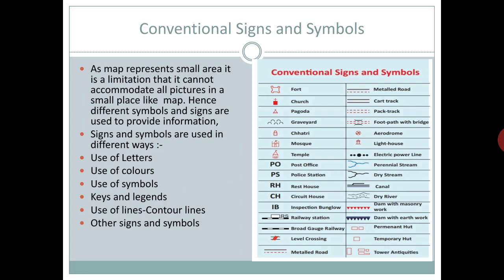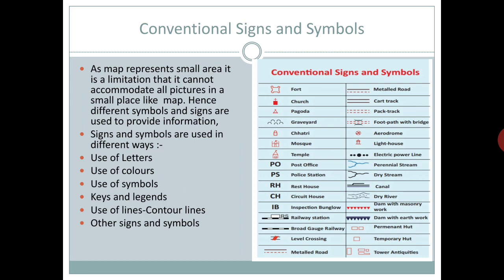So there are certain signs and symbols, and they are used in different ways, like use of letters. I gave you one example: PO, post office, PS, police station. Another is use of color. Different colors have been used.